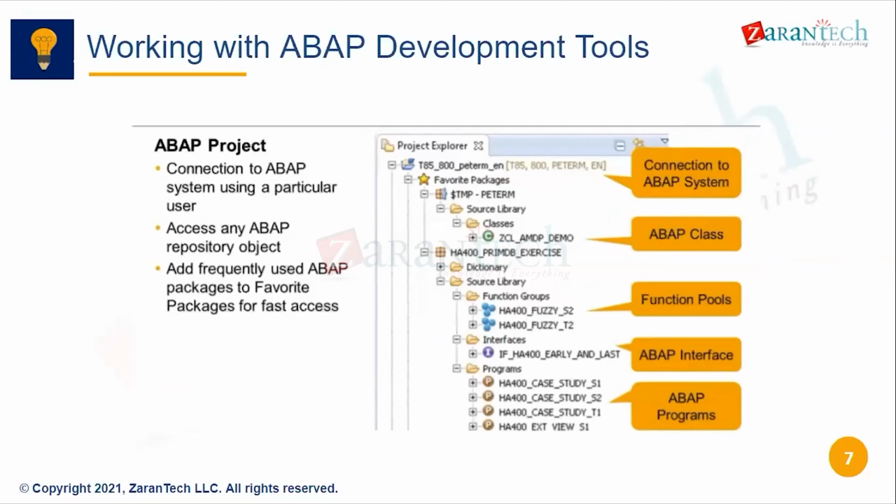Okay. So the first and foremost thing is, we will connect to a backend system, right? So let's say I have an Eclipse. This is a brand new tool which I downloaded from SAP. And the first and foremost thing I need to do is set up a connection, right, from my Eclipse to my backend SAP system. Let's say in our case, it's an ABAP system, right?